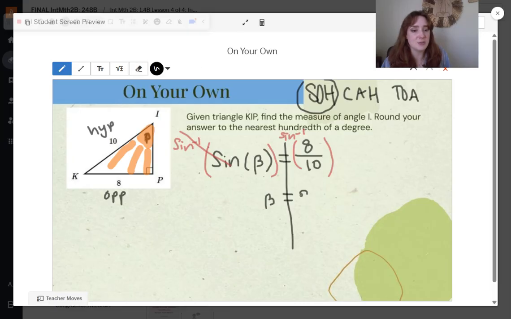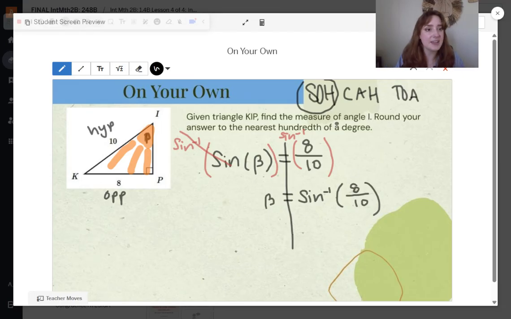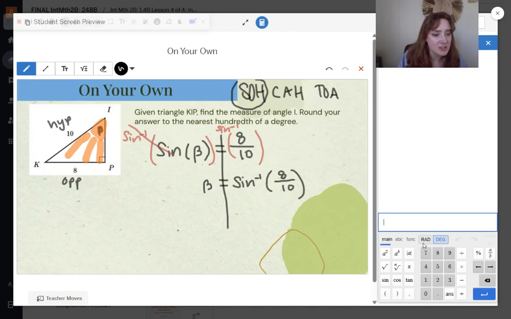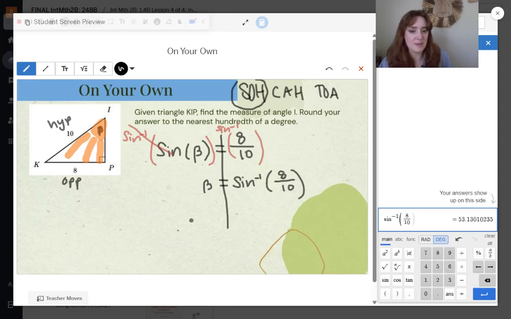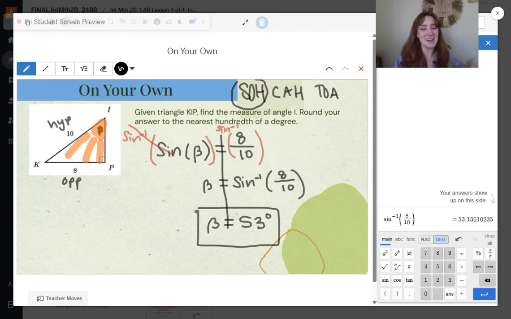So we get beta is equal to the inverse sine of 8/10. And we will again plug that in a calculator. So we'll go to function, inverse sine of 8 divided by 10, and we'll get beta is equal to 53 degrees.